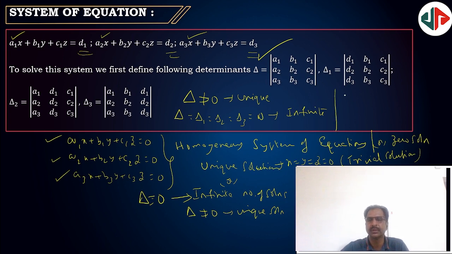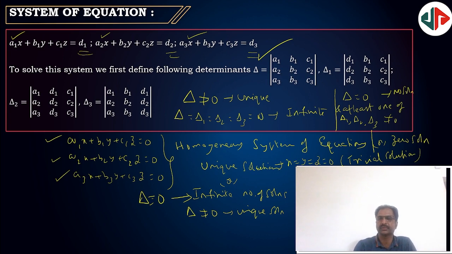Next, if delta is 0 and at least one of delta 1, delta 2, delta 3 is not equal to 0, then they have no solution. So these are the three possible cases for non-homogeneous system of equations. Delta 0 and at least one should be non-zero, then they will have no solution.